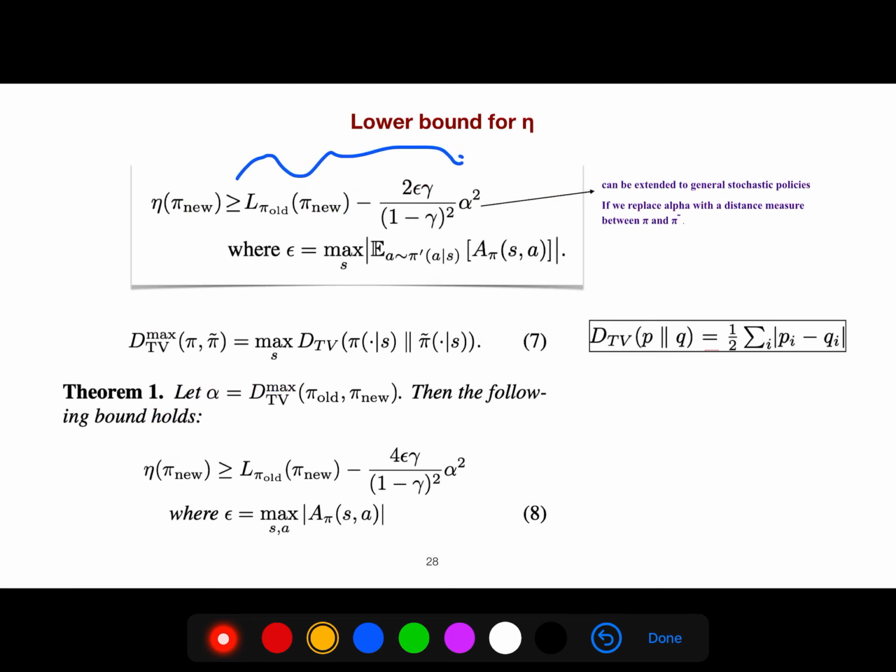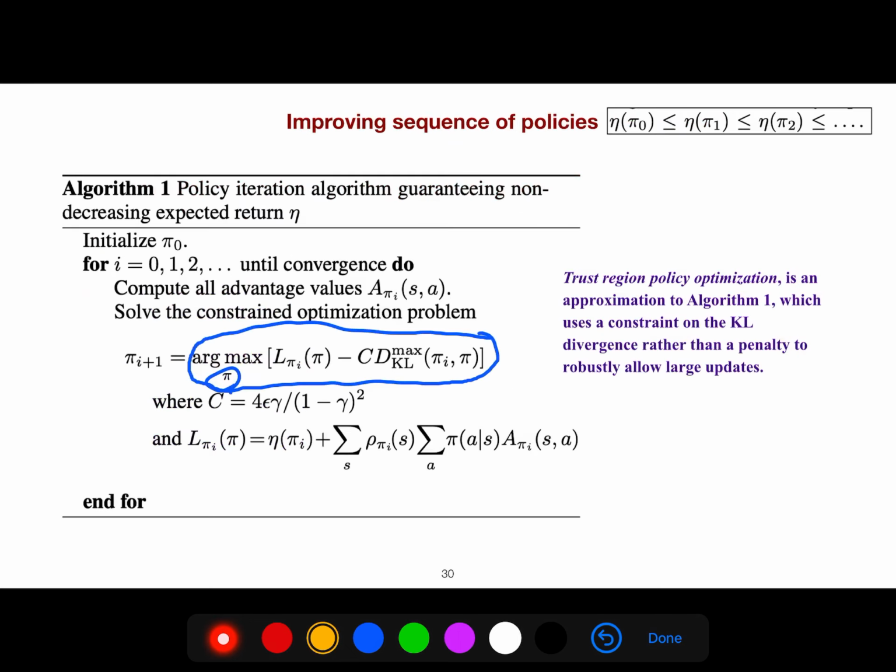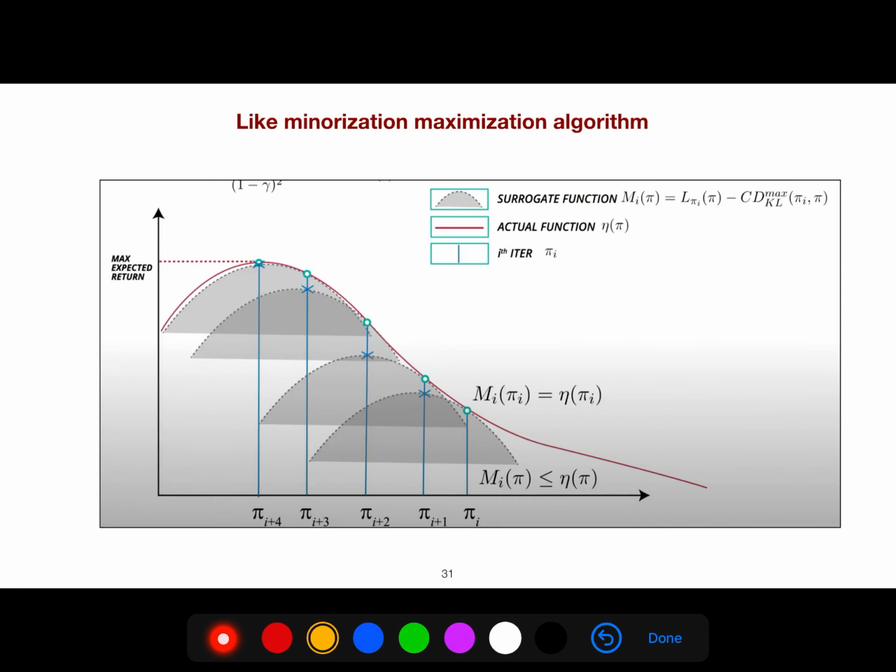But an epsilon is that we have this total variation. Instead of total variation, I said that we can replace it with this KL divergence, and this is like the minorization maximization algorithm that I was trying to say.